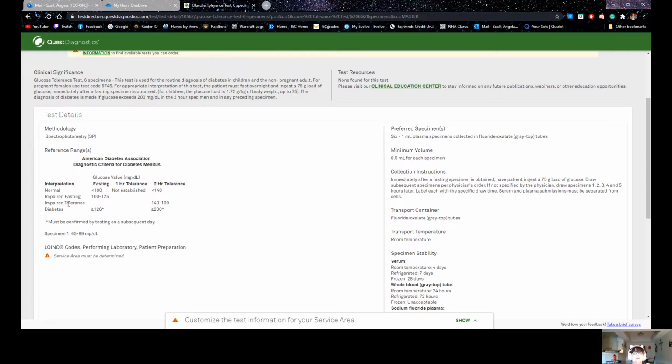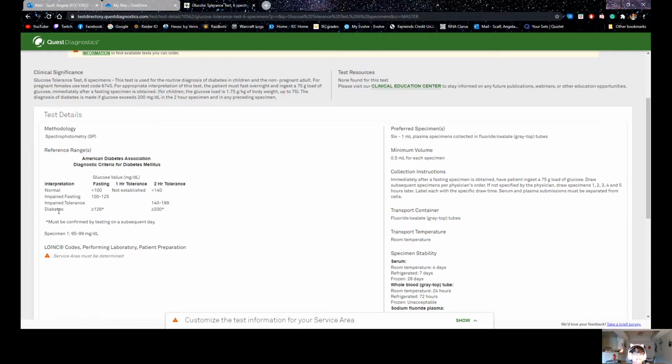Now, if the tests come back 2 hours later and it's over 140 to 199, this means that it's impaired or pre-diabetic. This is usually done with pregnancy. So this is a woman who we need to send to a dietitian and explain to her about carbohydrates so that she can stay off of diabetic medications while she's pregnant, and that she doesn't have a gestational baby who ends up being 12 pounds.